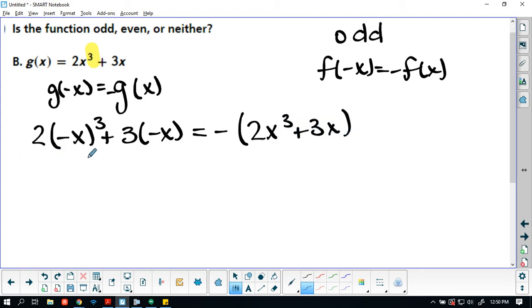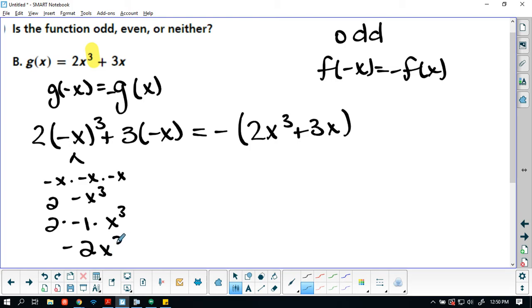Okay, again, thinking about how this breaks apart, this is -x times -x times -x, which is going to be -x cubed, which is really like saying 2 times negative 1 times x cubed. So that's going to be negative 2x cubed. Negative times a positive would be negative 3x. Does this really equal negative 2x cubed plus 3x?